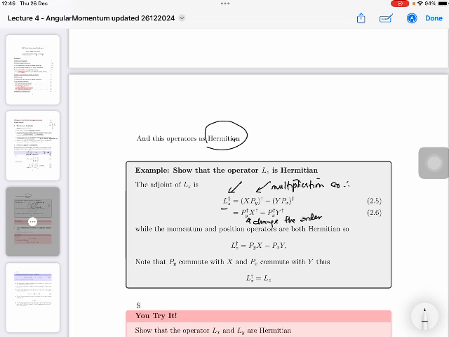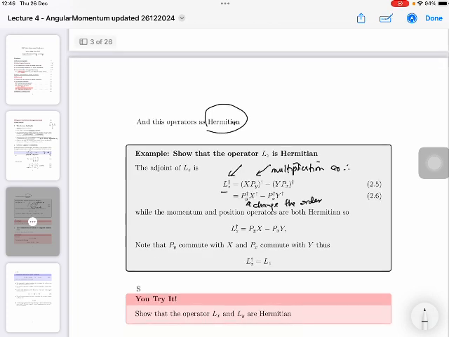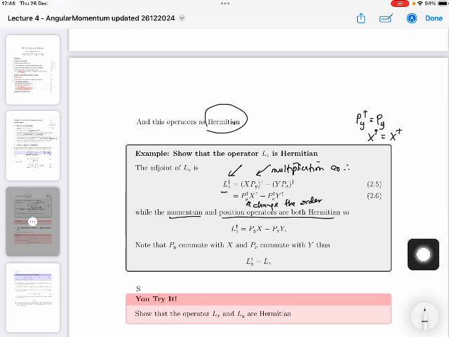And then you dagger each of the operators. Remember, momentum and positions are Hermitian, meaning that py dagger equals py, and x dagger is just equal to x. So this applies for all momentum and position. Since they are Hermitian, the dagger is just removed.